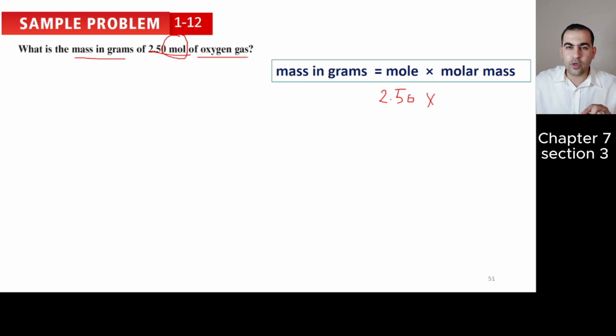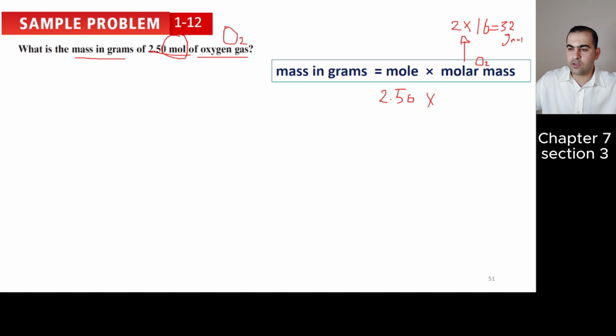Here, guys, to know molar mass, you need to know the formula. So oxygen gas is not O, it's O2, guys. It's an element. So molar mass of oxygen, 2 times what? Molar mass of 1 oxygen is 16. Total 32 gram per mole.